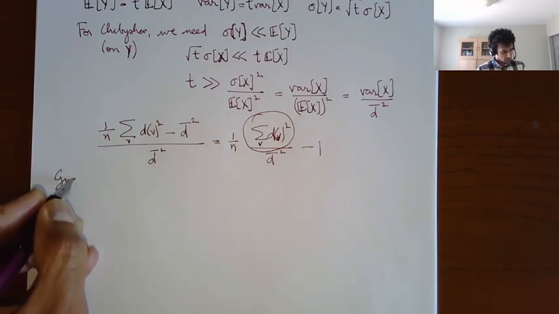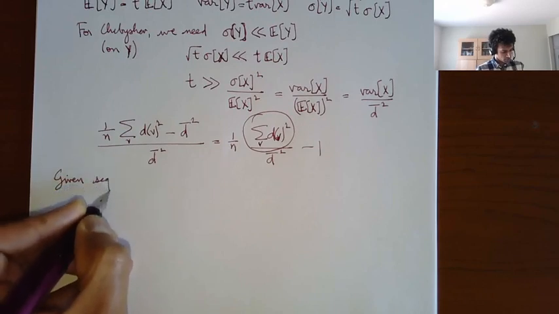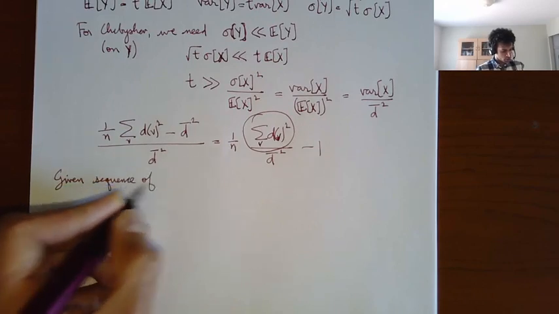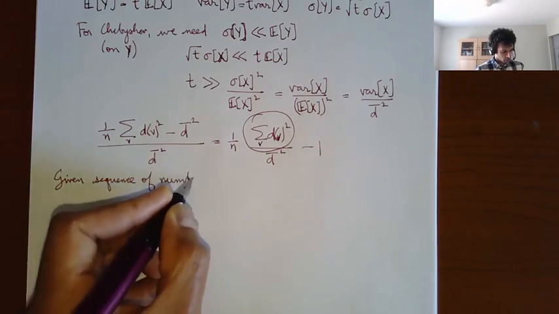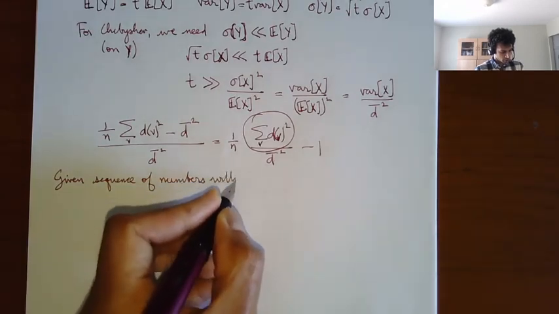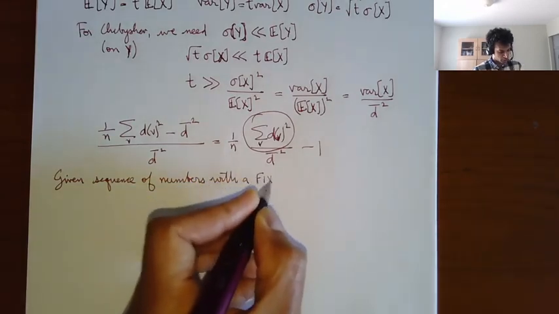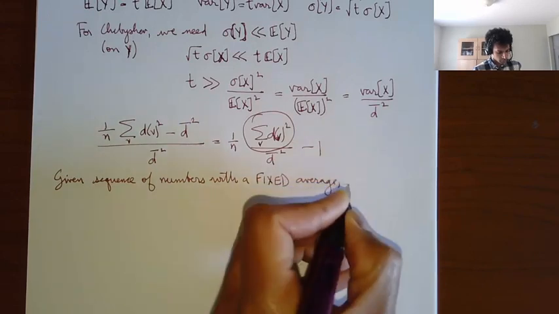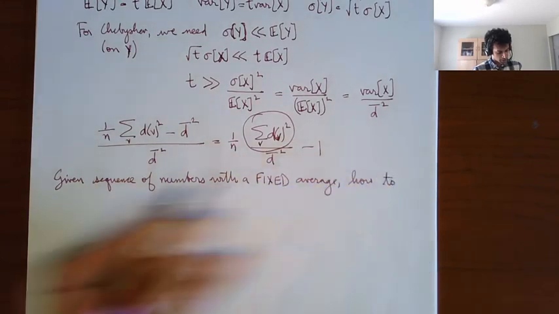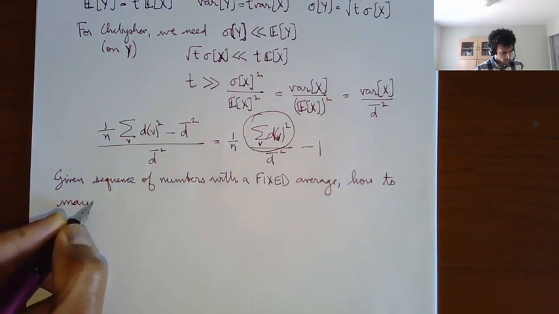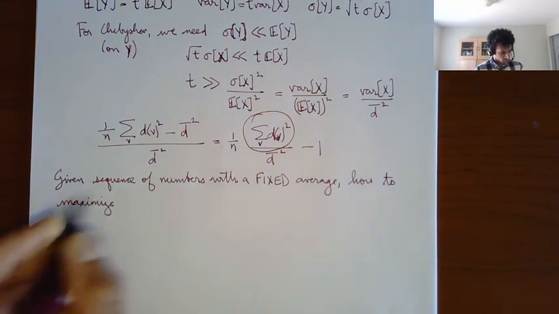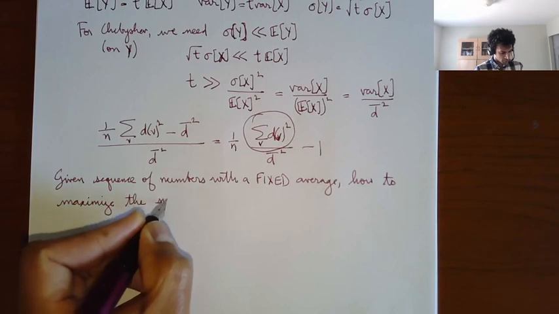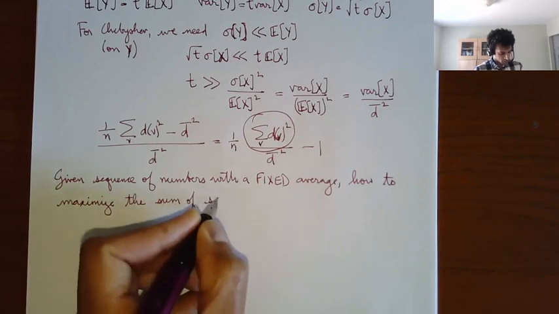So I'll say, given a sequence of numbers with a fixed average, how do you maximize the sum of squares?